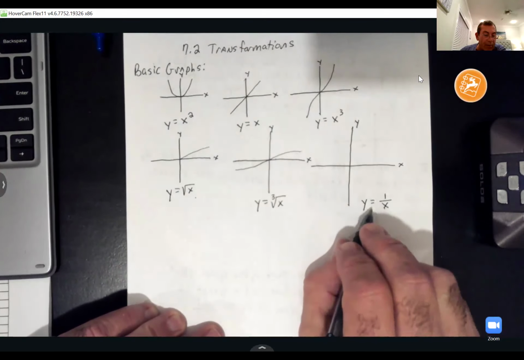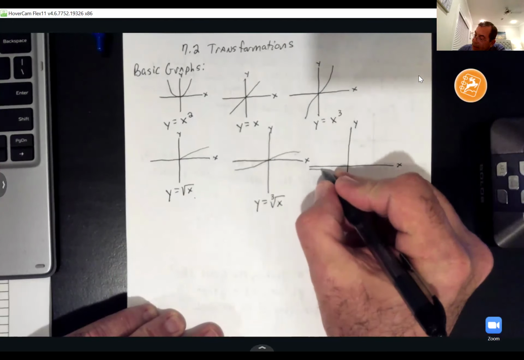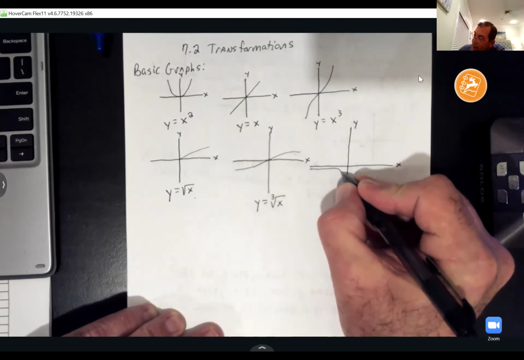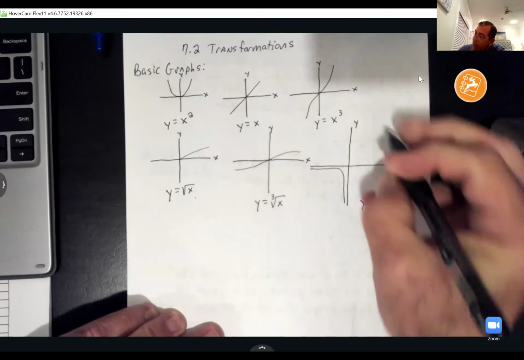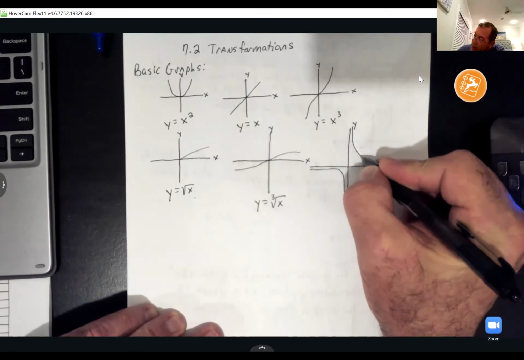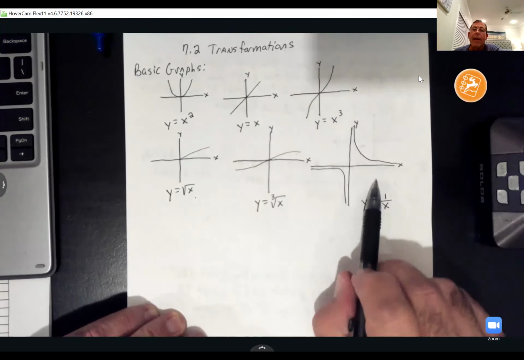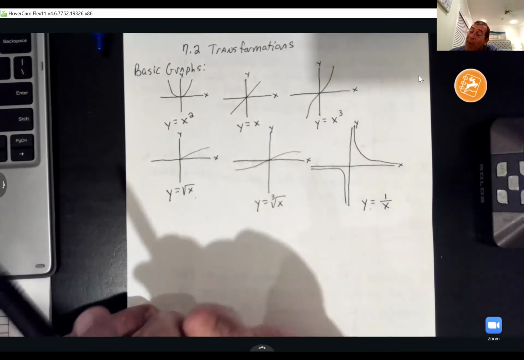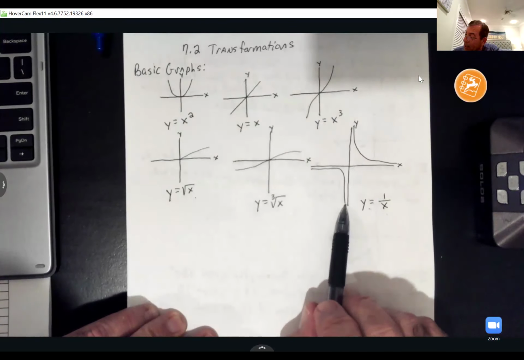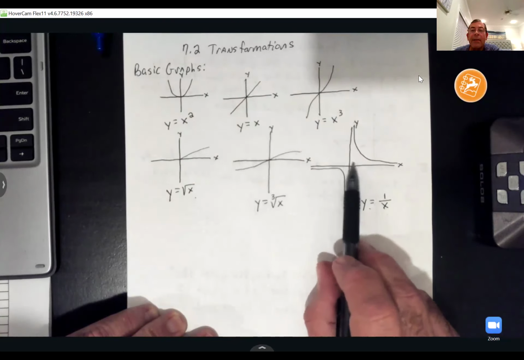On the left side, the graph comes down and heads straight down. The right side comes down and goes along the x-axis to the right. Now, we will learn about this later, but see how this graph does not cross over the y-axis?